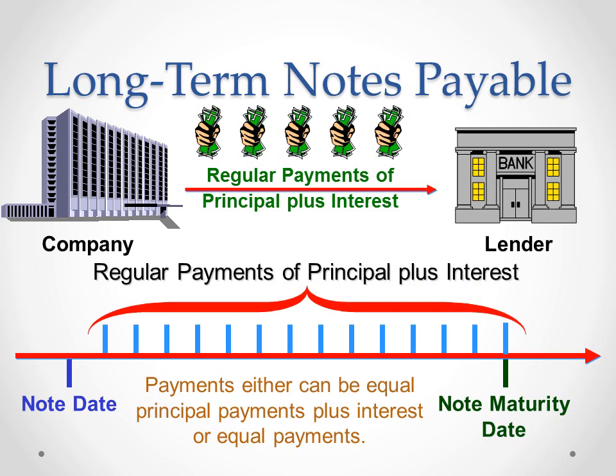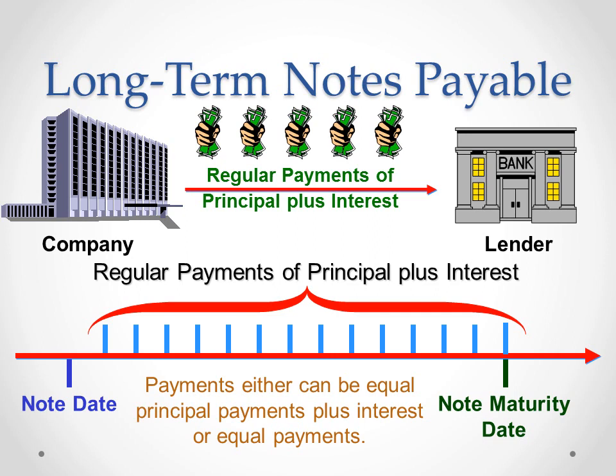A case. However, we have another case, which is the more familiar or the more common, that no, the company will not wait till the end of the lifetime of the note payable, but rather will make regular payments of part of the loan, part of the interest, part of the principal plus interest. It will make either equal amounts, maybe each month, each 6 months, each year, until it reaches the maturity date.